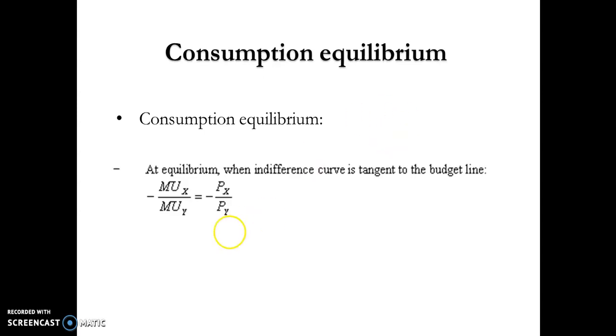So at equilibrium, the indifference curve, as I said, is tangent to the budget line, and hence the MRS, the marginal rate of substitution of X for Y, is equal to the ratio of the prices of X to Y. So the two curves are going to have the same negative slope, where the ratio of our marginal utilities, which is our MRS, is going to be equal to the ratio of the prices.